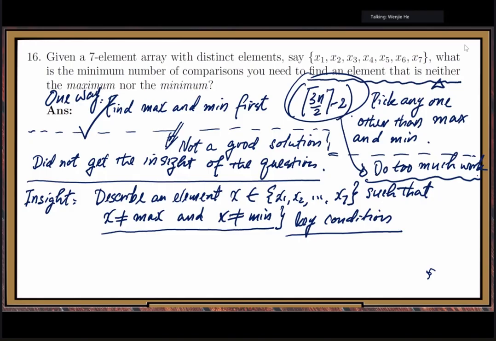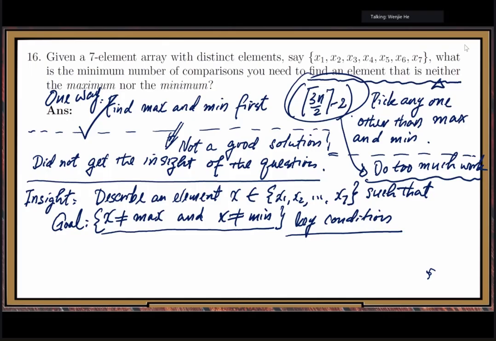Because our goal is not a maximum, not a minimum, we need to find an easier, faster way to tell us some element is not a maximum, some element is not a minimum. It's not necessary to find maximum and minimum.